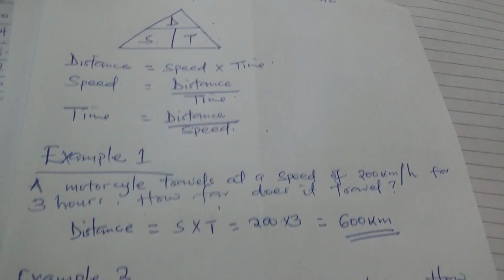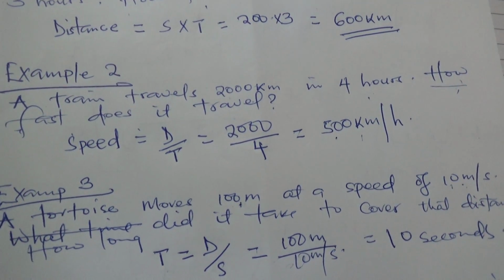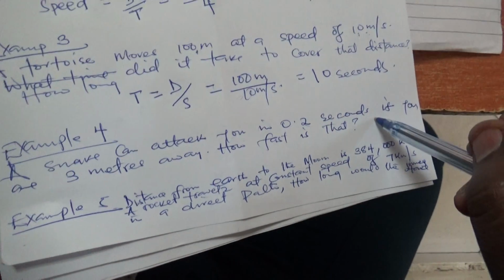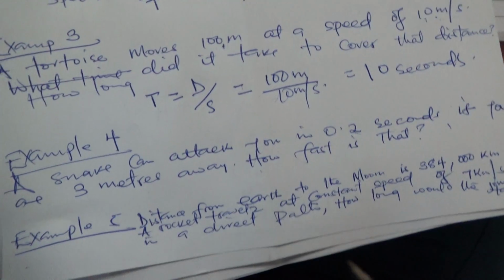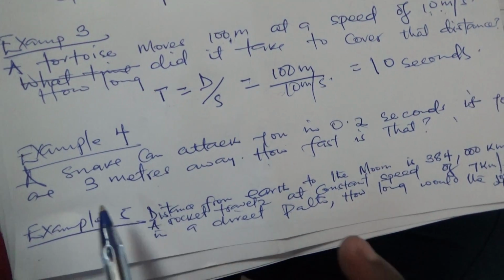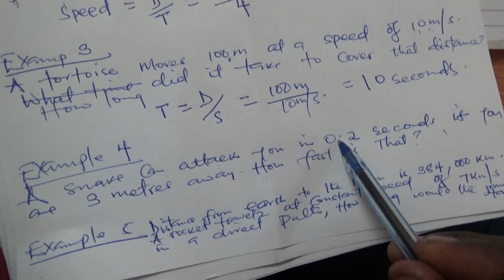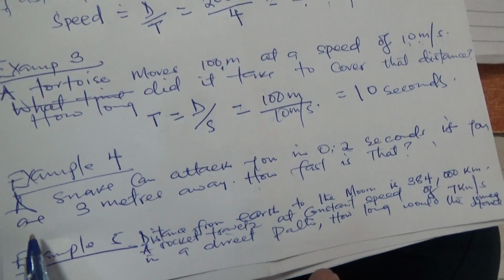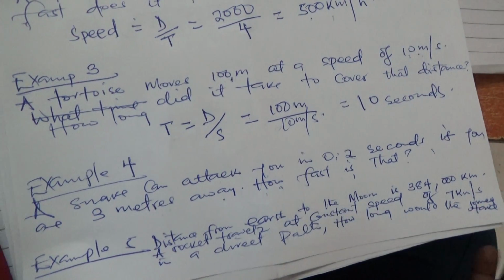All right. The fourth question is, a snake can attack you in 0.2 seconds. If you are 3 meters away, how fast is that? So this is very simple, because a snake can attack you in 0.2 seconds. That is time. If you are 3 meters away, that is distance. How fast? That is speed they are looking for.